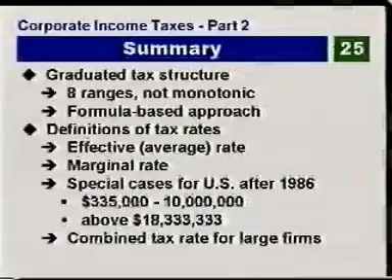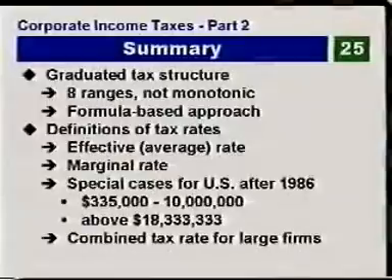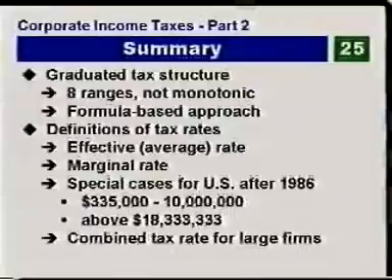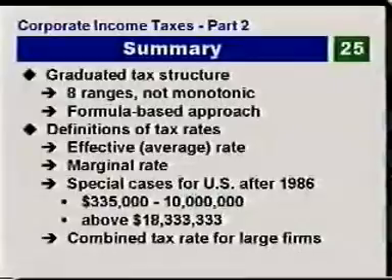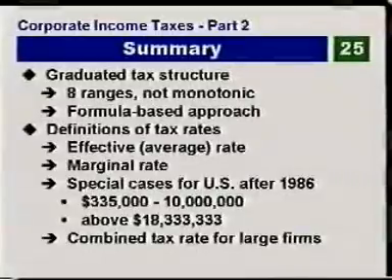And we looked at 2 special cases for corporations in the U.S., those in the range of $335,000 to $10 million taxable income, and the very large corporations with a taxable income above $18 1/3 million. And last, we looked at the combined tax rate for large firms that might be paying both a federal and a state tax, or perhaps even a city tax. And we developed a formula method for computing that combined tax rate.